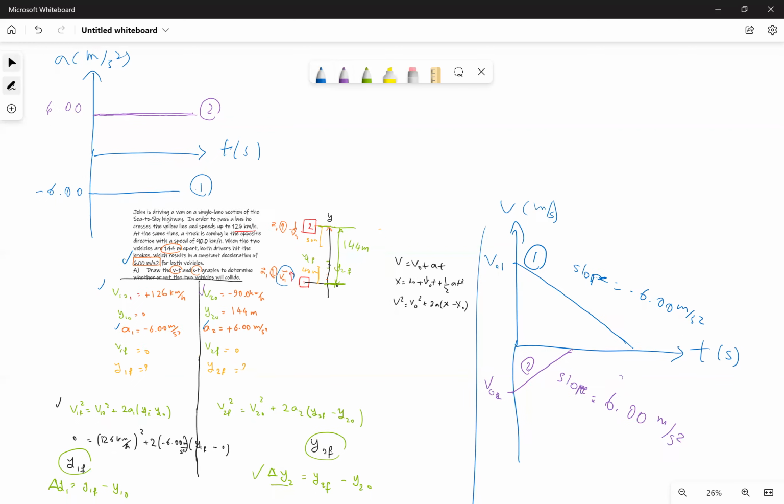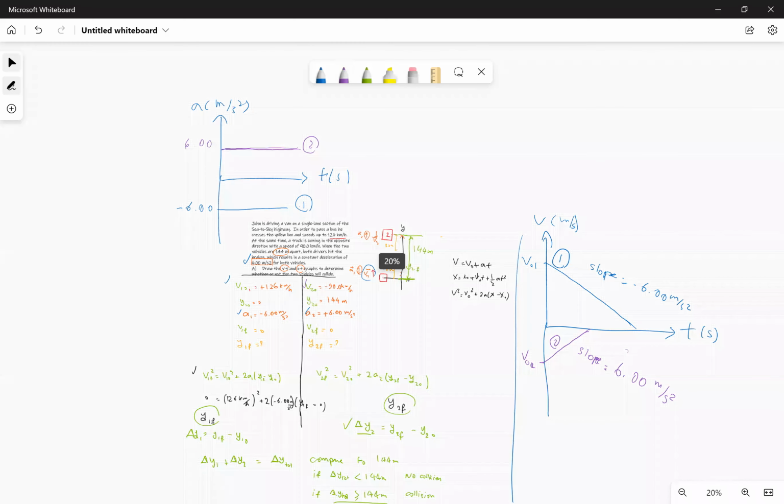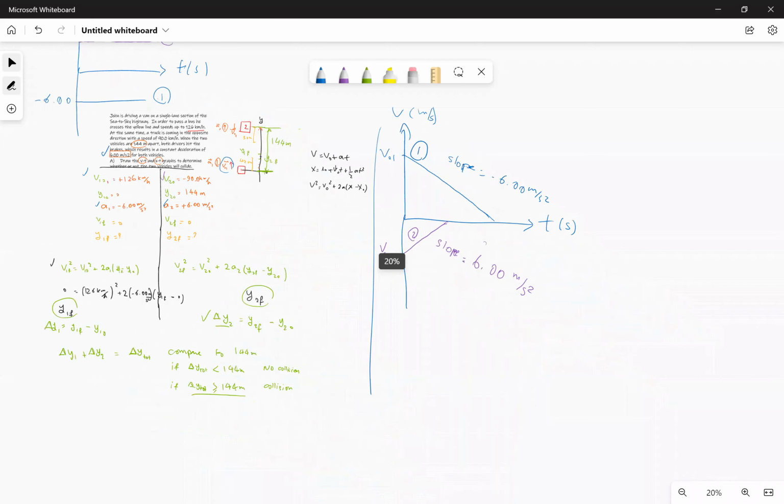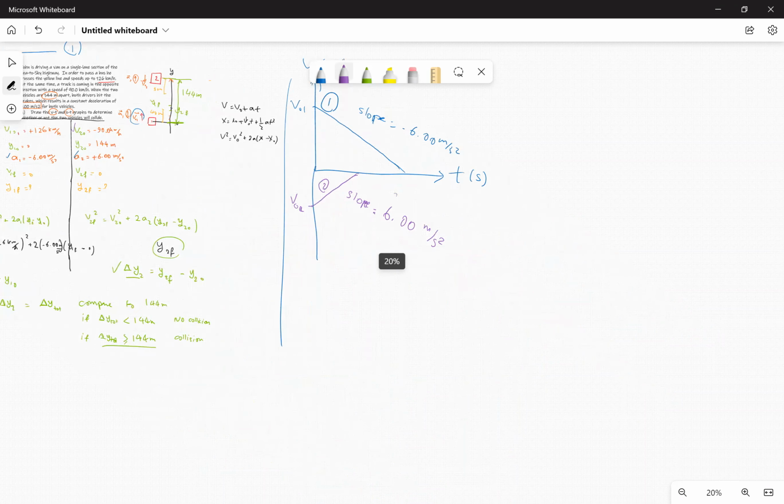Now let's take a look at the position time graph. What type of graph do you get if you take its slope? It will give you a linear line graph. So remember what we did: we took a slope.